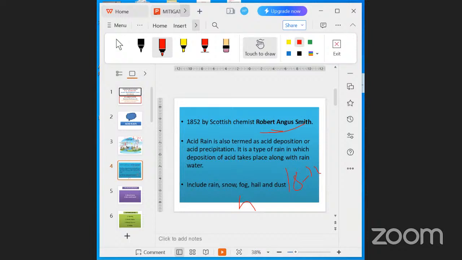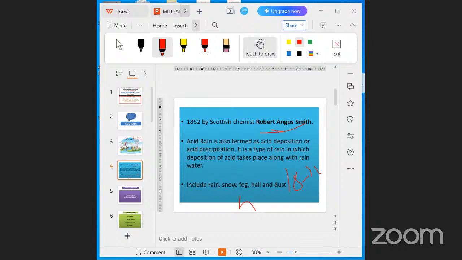In the 1950s, scientists in the United States started studying this phenomenon. In the 1960s and early 1970s, acid rain became recognized as a regional environmental issue, affecting Western Europe and Eastern North America, right?